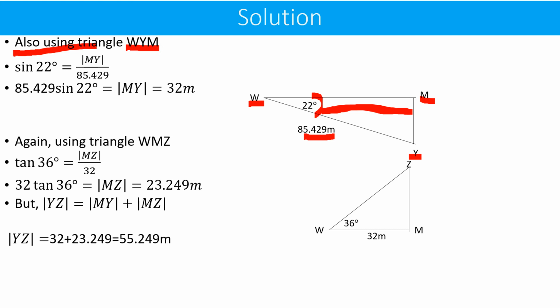So sine 22 is equal to YM over 85.429. So 85.429 sine 22 is equal to 32. So YM is 32 meters. Again, using triangle WMZ.